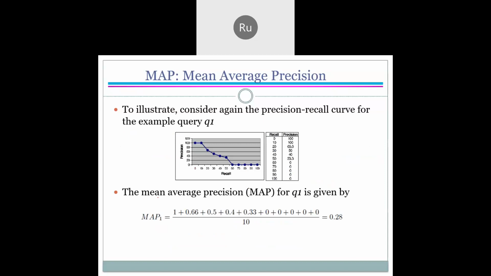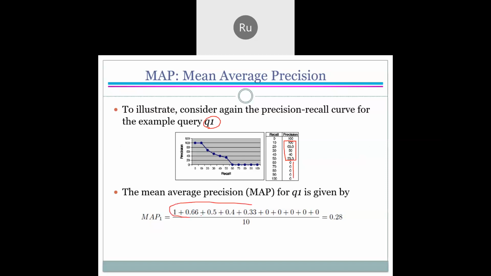So for example here, this is only for query 1. For query 1, whichever is not 0, we'll take all of them. This is 0.